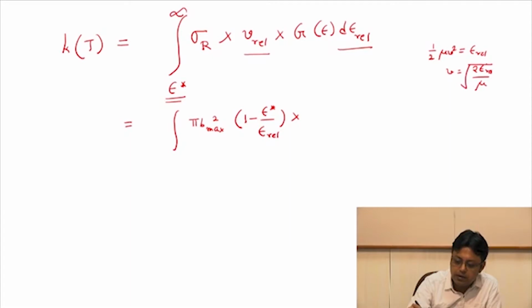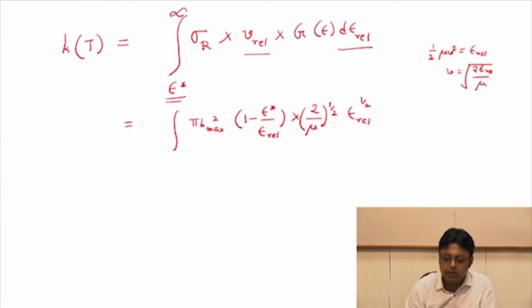So you'll write it, it is twice epsilon relative, or we write it slightly differently, square root of 2 by mu, and epsilon relative to the power half. And then I have g epsilon d epsilon, which is the distribution function.